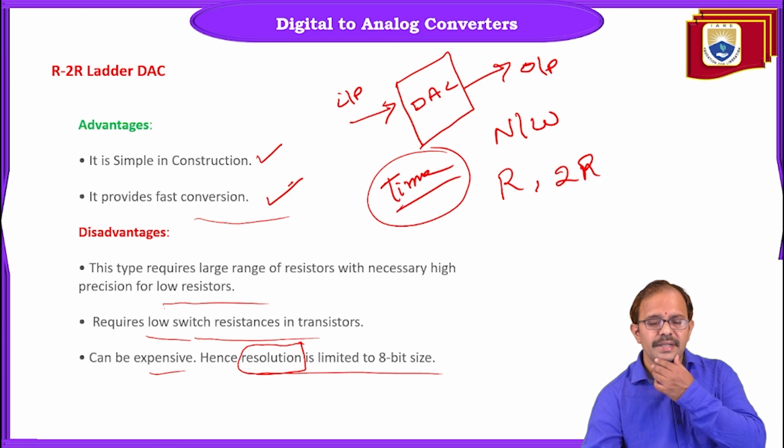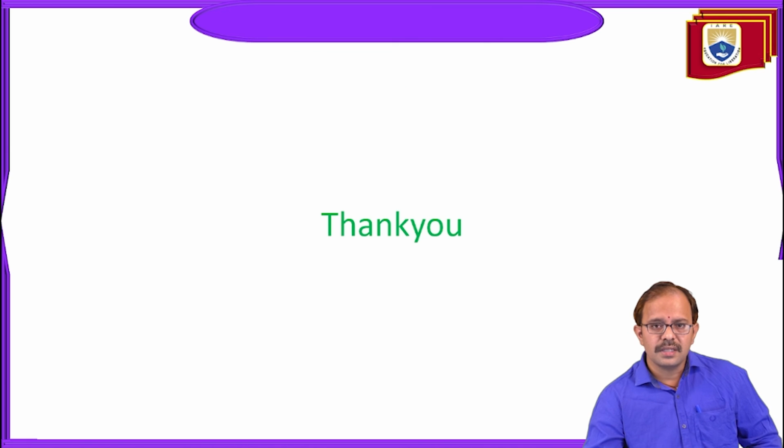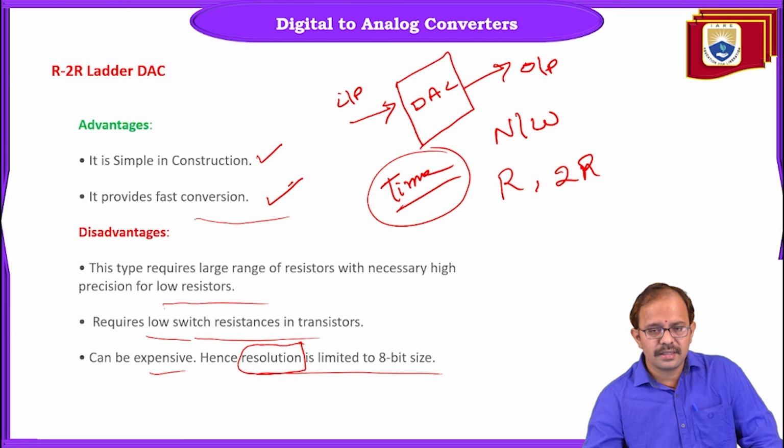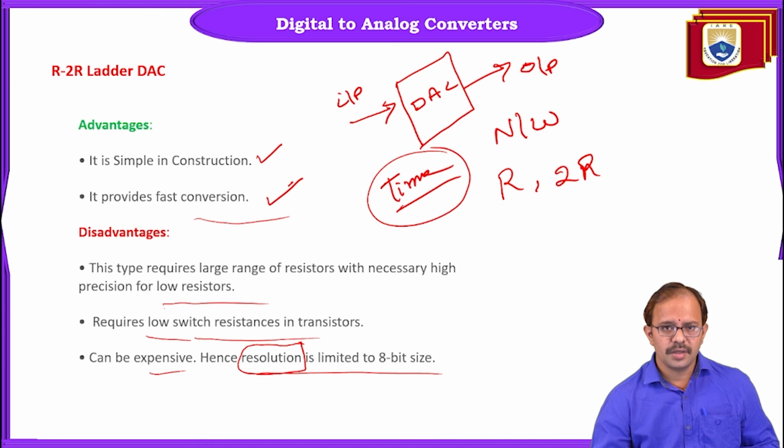Resolution will be discussed in the other class, where we are going to focus on the specifications of these data converters. These are the drawbacks of this R2R ladder DAC, and also the advantages. So when compared to the weighted resistor DAC, it is fairly good.